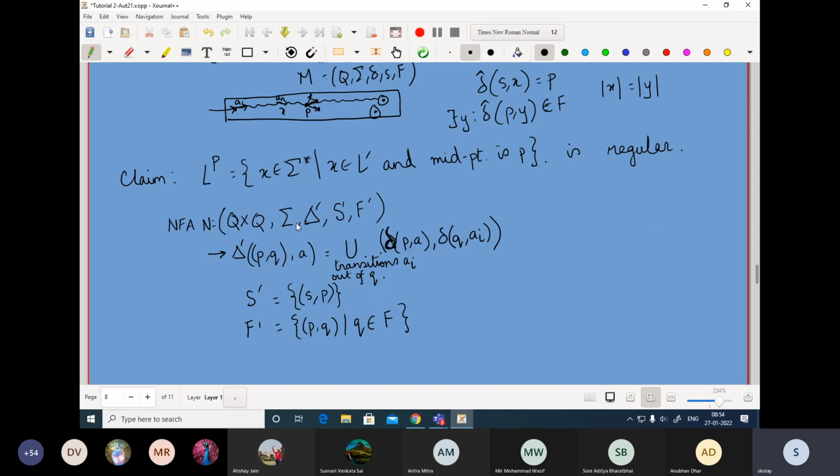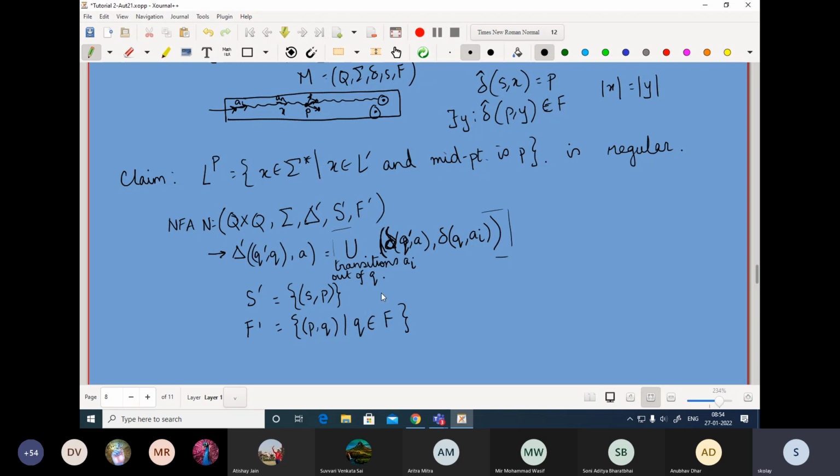Let me just write this as Q dash, because we don't want to confuse with P. So you take any transitions AI out of Q dash, you look at the state in the NFA that corresponds to delta of Q dash, A, comma, delta of Q, AI.